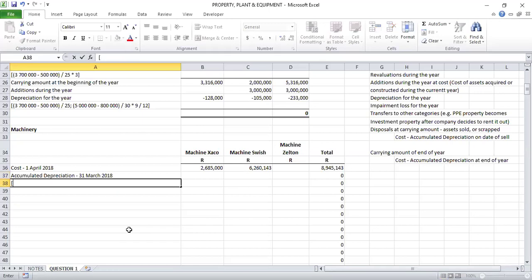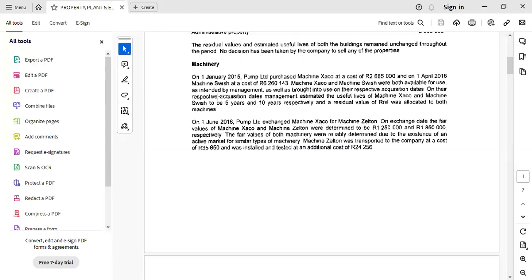For Shako, it will be 2,685,000 divided by, we're told that machine Shako and machine Swish estimated useful lives are 5 and 10 years respectively. Residual value is nil, so it's 5 years. And remember, it was bought on 1 January 2015. So that means that by 31 March 2018, it had been there for exactly 3 years and 3 months.